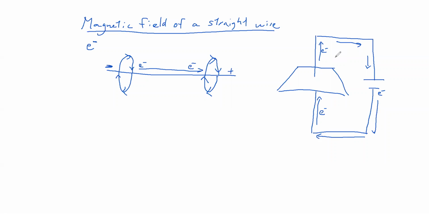Now, how do I figure out the direction of this one? Well, if we follow the same flow of electrons as we were talking about earlier, in this case, I'd like you to, facing your screen, point your thumb upwards because that's the direction of the electron flow. You're essentially pointing your thumb towards the positive. And now I'd like you to wrap your hand or your fingers around that wire that's going straight up.